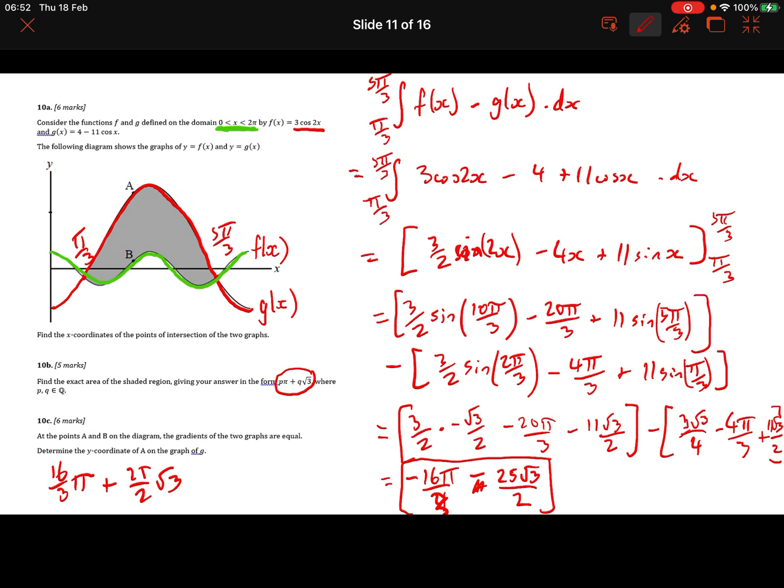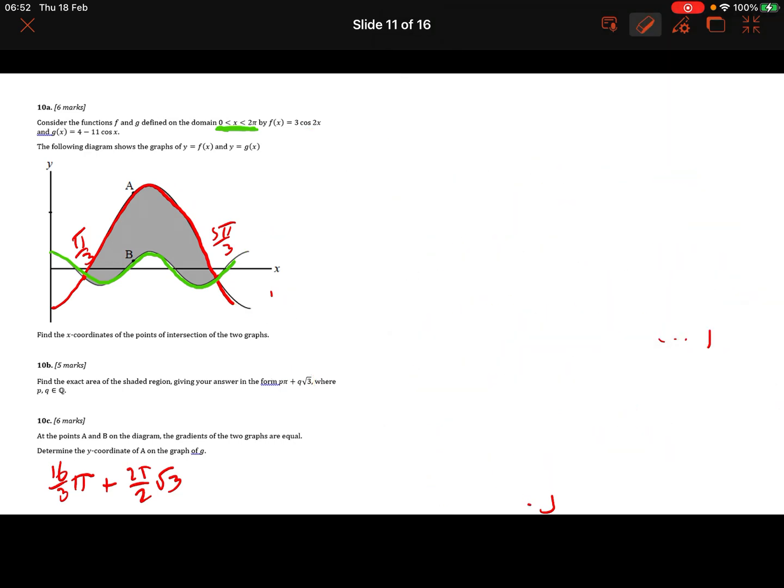Okay, right, now we've got part C. At the points A and B on the diagram, the gradients of the two graphs are equal.